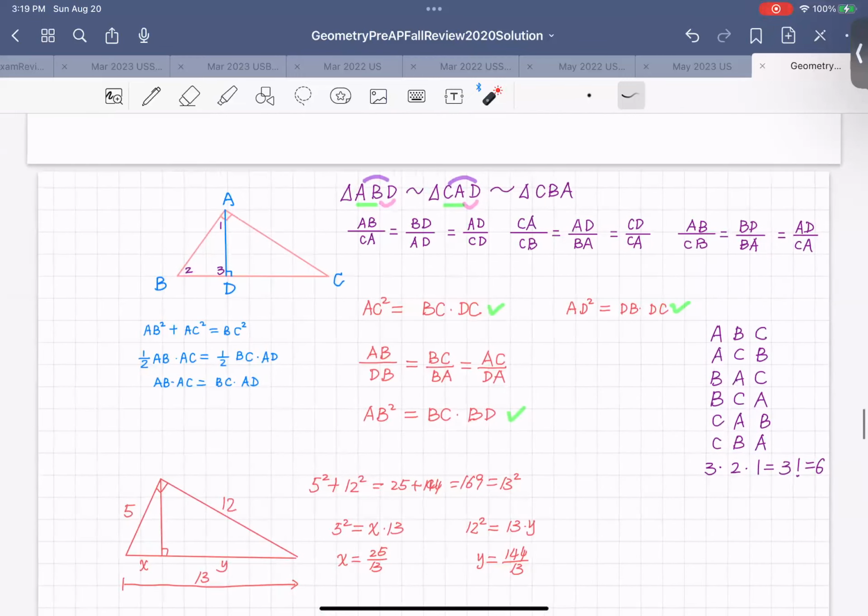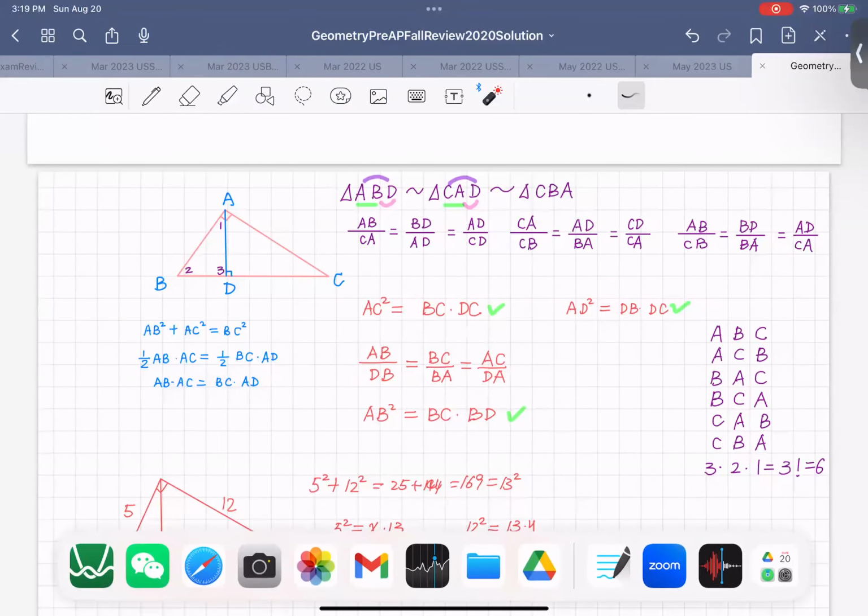But before I give you the details, keep in mind that this guy's square equals the product of these two guys. That guy's square equals the product of these two guys. And that guy's square equals the product of these two guys. The reason is based on triangle similarity. Then we will quickly figure out why this is true in next week's class.